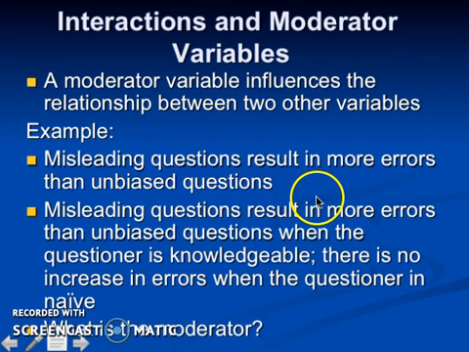When you have a mediator, it actually will completely remove that effect. So it is actually explaining it. So what's a good example of that? A good example is if I'm looking at years in college and performance, and maybe I find that the longer you're in college, the better you perform.